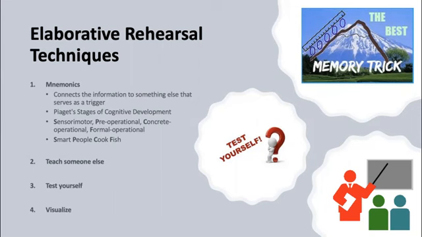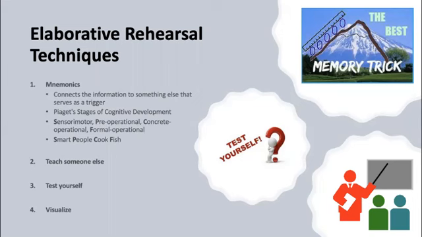But with repetitive rehearsal like that, it may not necessarily be transferred to long term memory. But something called elaborative rehearsal, these techniques make it much more likely that the information will be transferred to long term memory. And there are several different techniques of elaborative rehearsal that can be used.